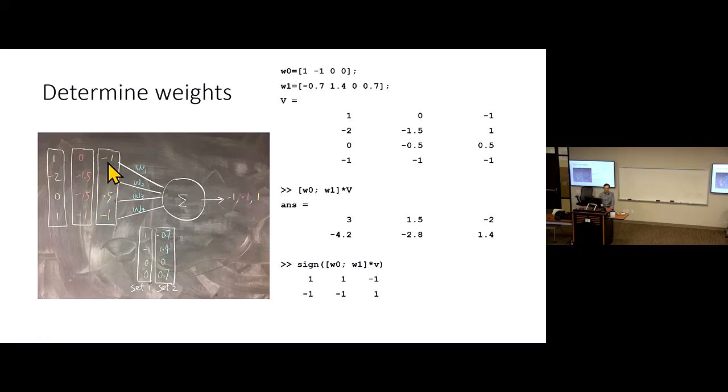I know the answer. If I have input data, for example, 1, -2, 0, 1, that's my first input data. You can vectorize your input data into a vector. So this is a vertical vector.